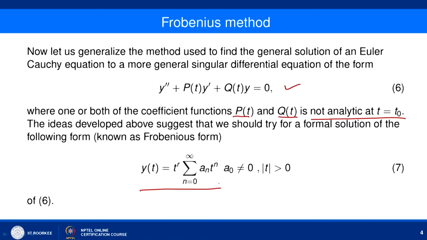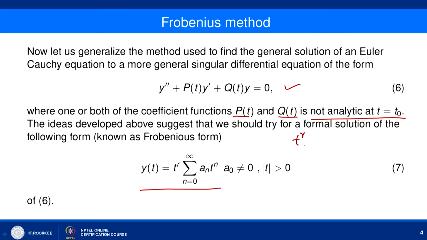If you look at the Cauchy-Euler equation, there we took p(t) as alpha by t and q(t) as beta by t squared, and we got a solution t to the power r. Now we are generalizing p(t) and q(t) in a way that p(t) is written as p naught by t plus p1 plus p2 t and so on.